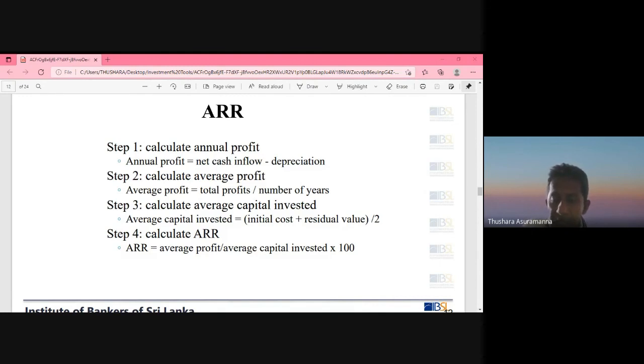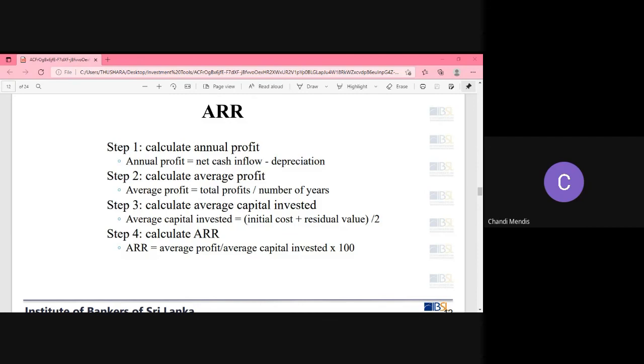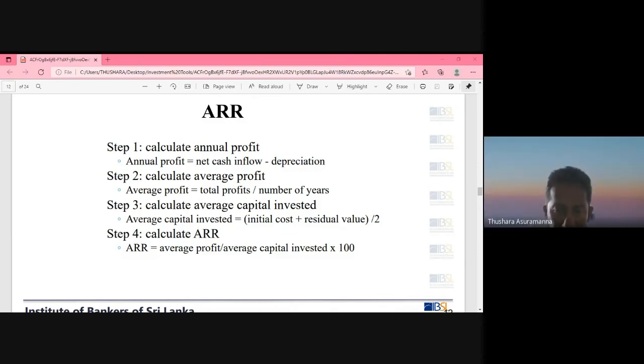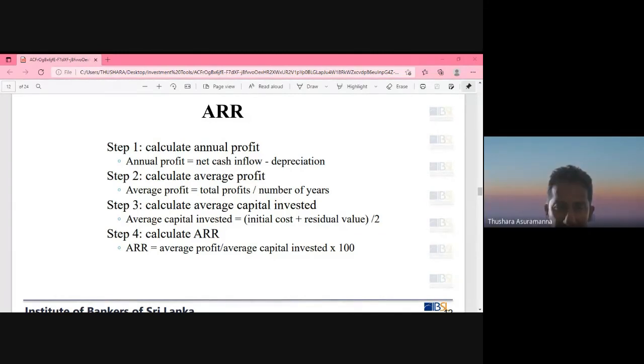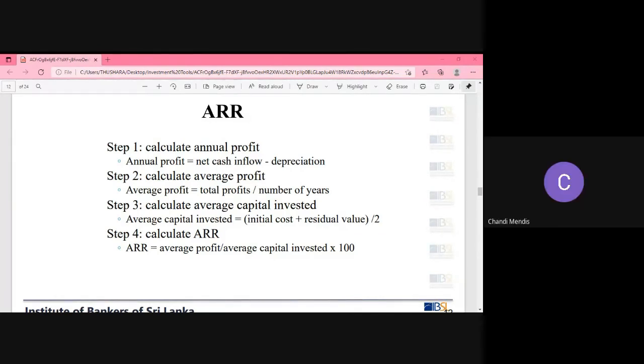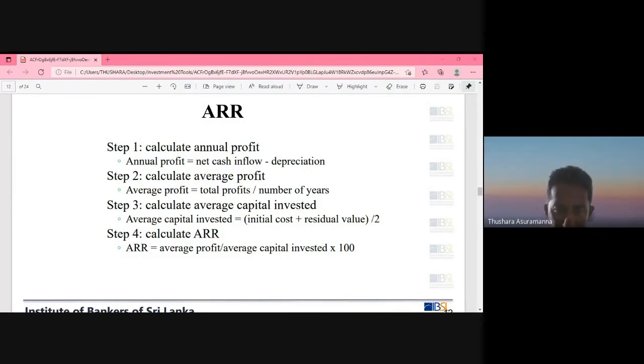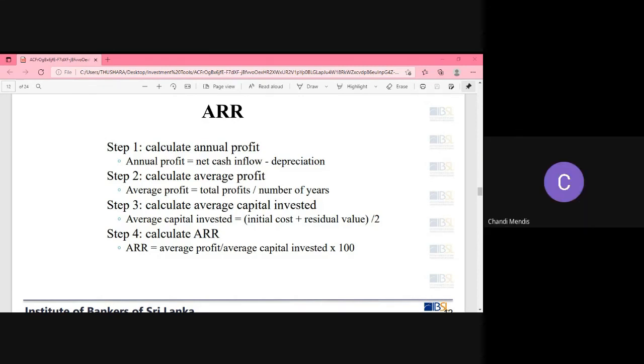What about the step 3 answer? Is it 40,000? What's the initial cost? You can compute the step 4 ARR. 100,000, and the residual value 20,000. Then 100,000 plus 20,000 divided by 2 is 60.